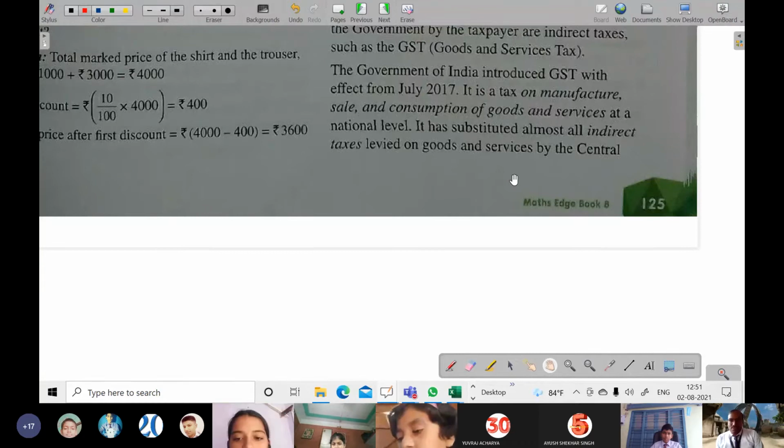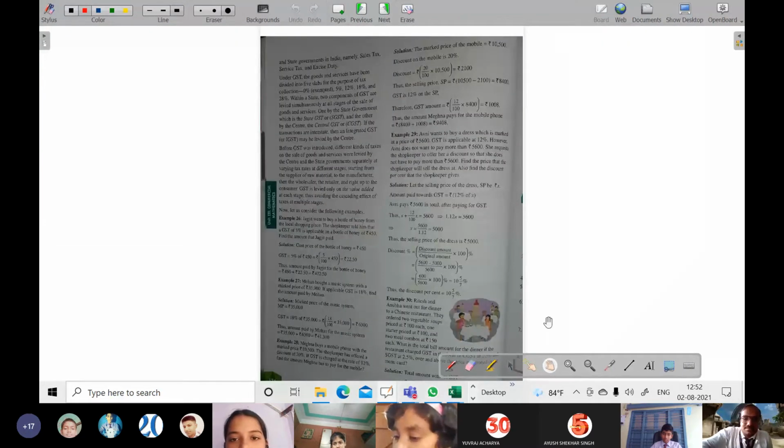It has substituted almost all indirect taxes levied on goods and services by the central government. So are you getting me? Yes, sir. That means on manufacturing things also GST is added, and on sale and consumption of goods and services, on all of this it is added. And this tax is taken by the central government. From the center, they are taking the money.